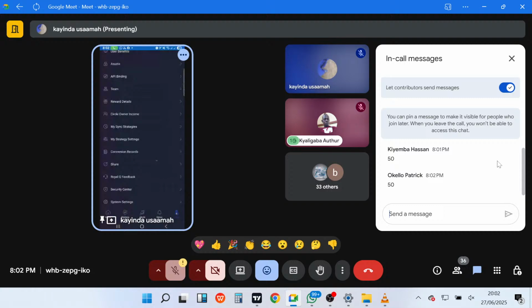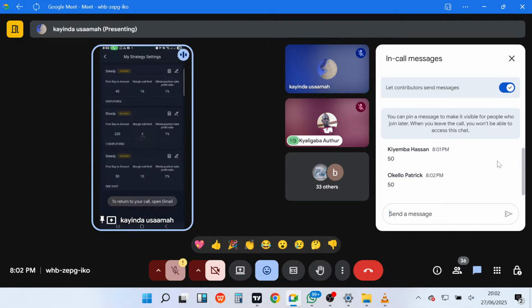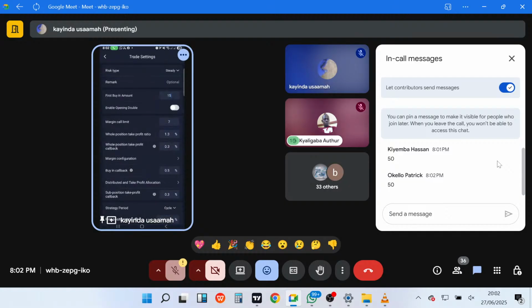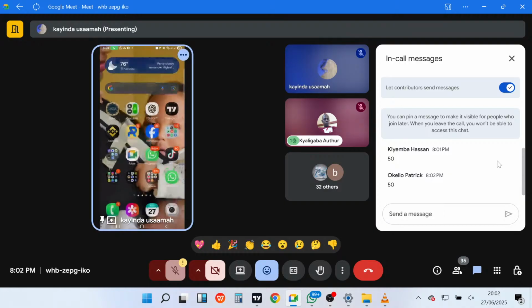Someone is saying I designed settings for $50. Okay, let's do it here. For $50, come to my strategy settings. Remember, now the $50 is going to be leveraged 10 times. We said that your first buying amount should be 20% of your capital.